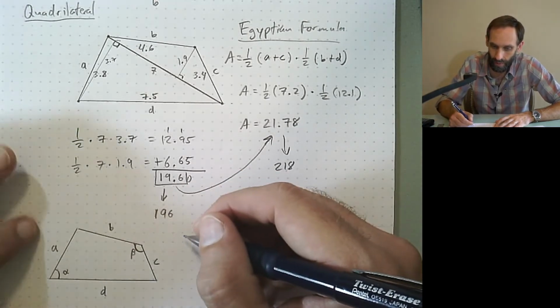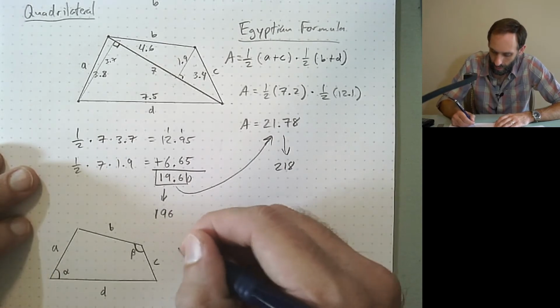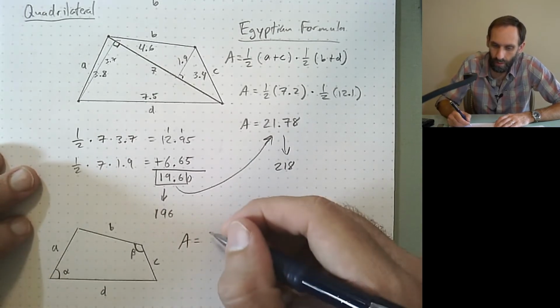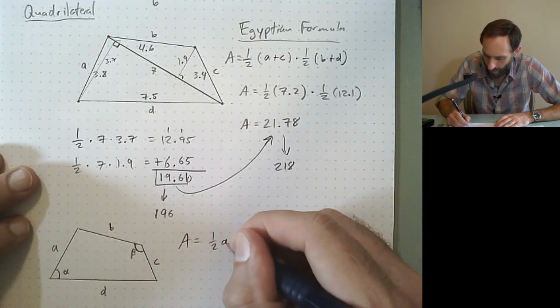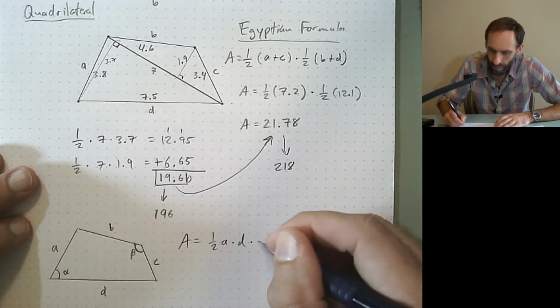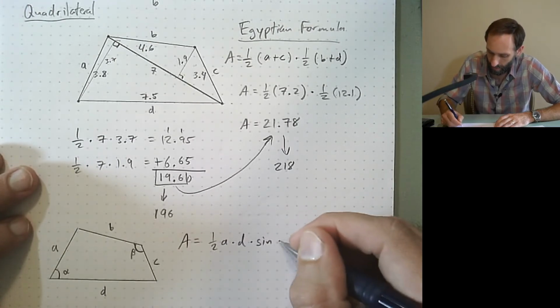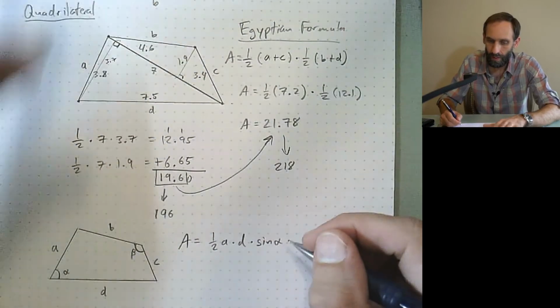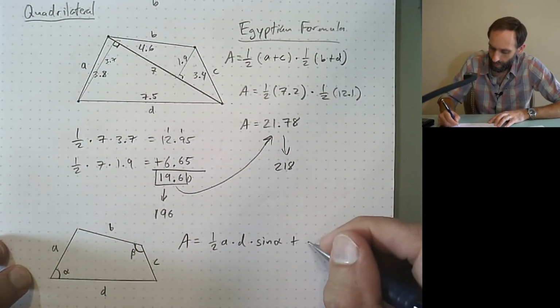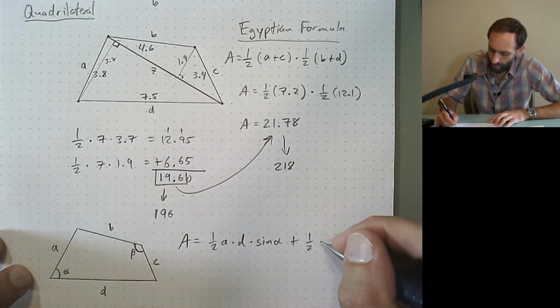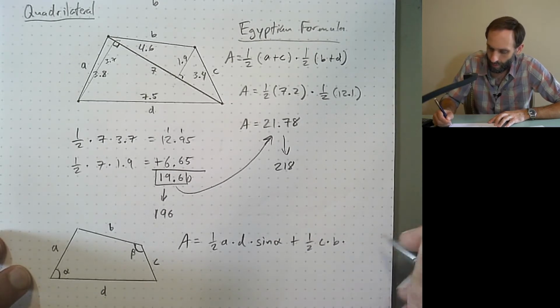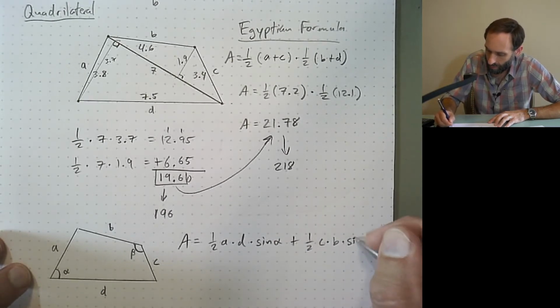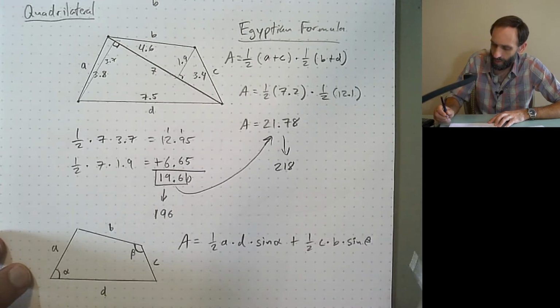In this case, we can say that the area of this quadrilateral is 1/2 A times D times the sine of alpha, plus 1/2 C times B times the sine of beta.